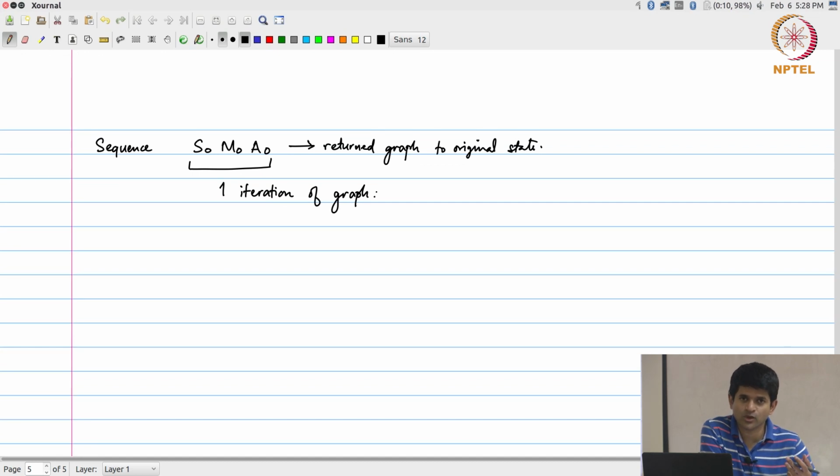Has it returned back to its original state or not? In this case it has. But what I want to impress upon you is that it is not always necessary that a firing sequence brings it back to a known state. Let's look at it. Was this the only possible firing sequence that we had? No, I could also have gone in the sequence M0, S0, A0. This is also valid.